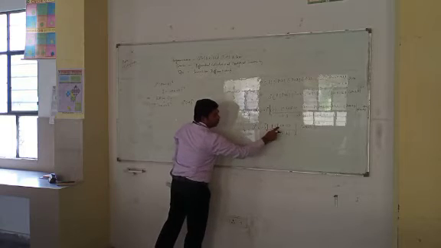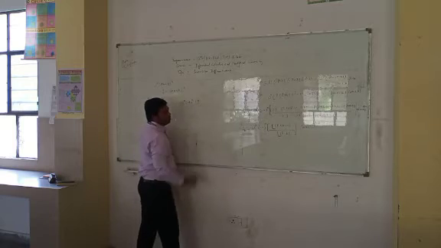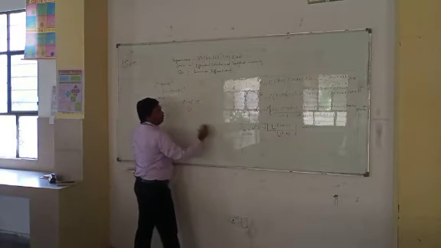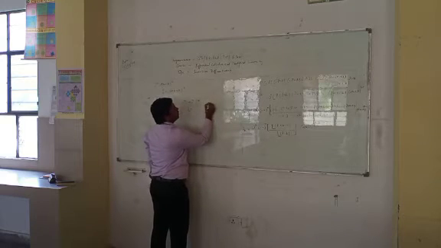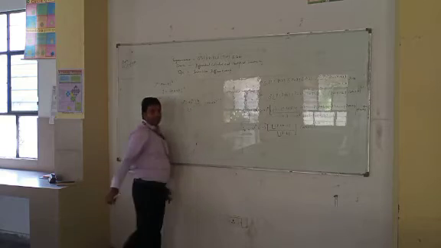Then this cancels out and this will be factorial n upon factorial 0, and this is ax plus b to the power minus 1 minus n.